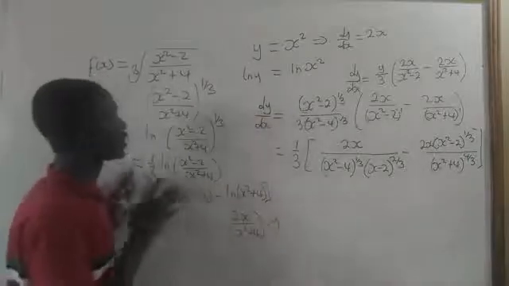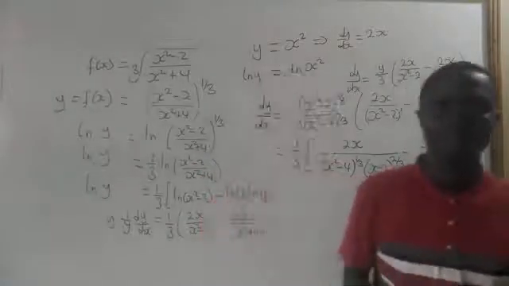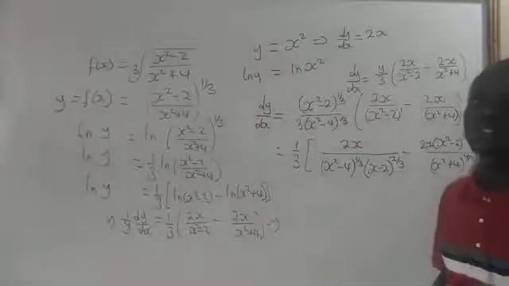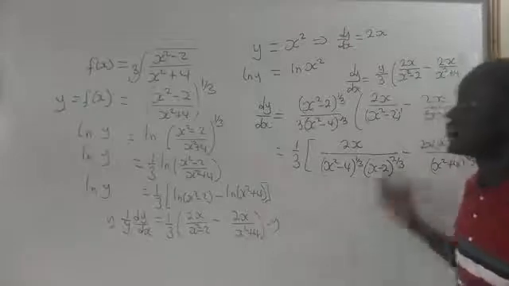So I was just trying to explain when to take natural log. You can take natural log of any function that you'll be given to differentiate. But for simple ones, just differentiate them.